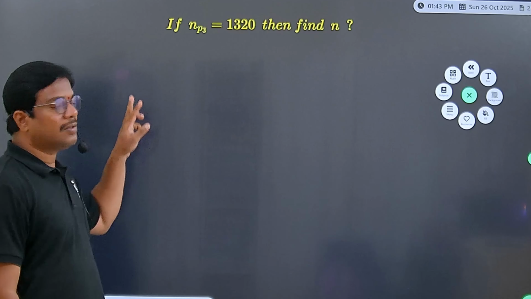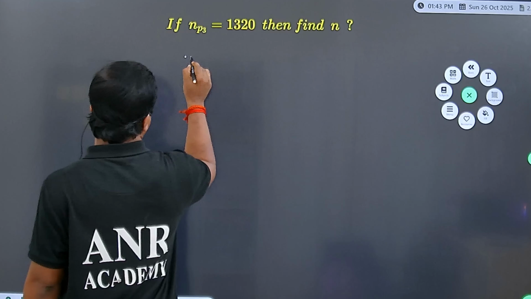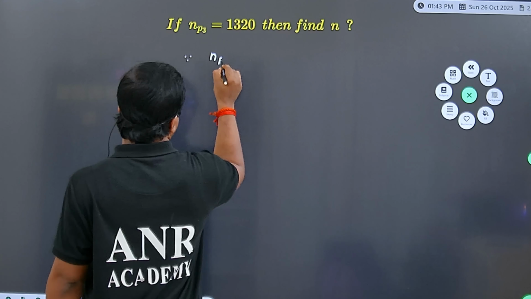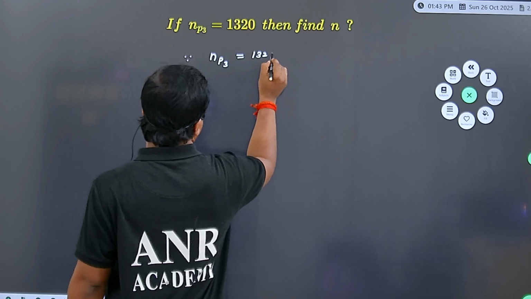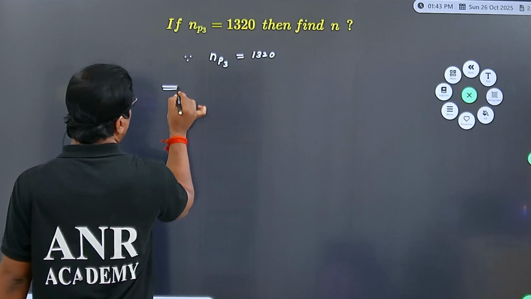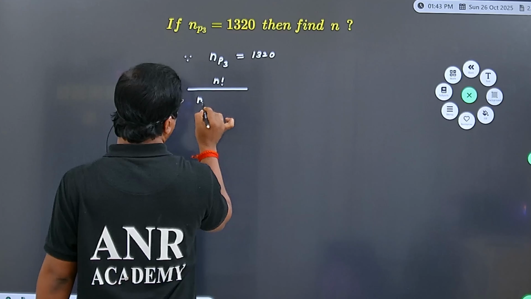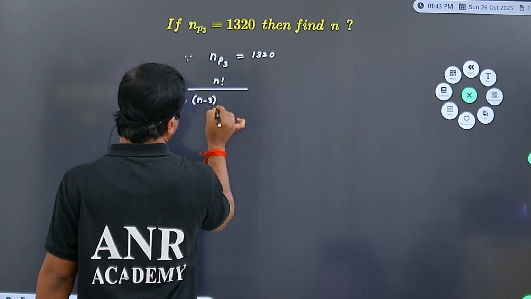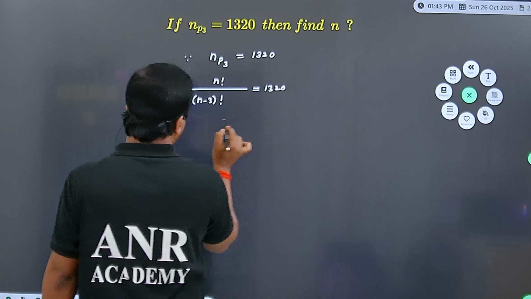nP3 value 1320 is given, then we need to find the value of n. Since nP3 value equal to 1320, I can write nP3 as n factorial divided by n minus 3 factorial, that is 1320.